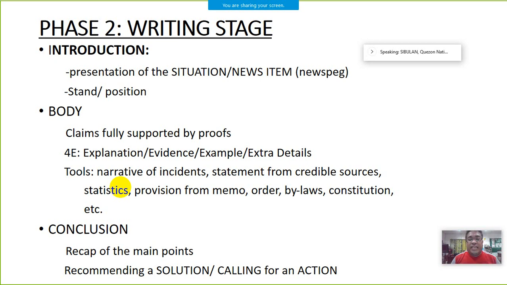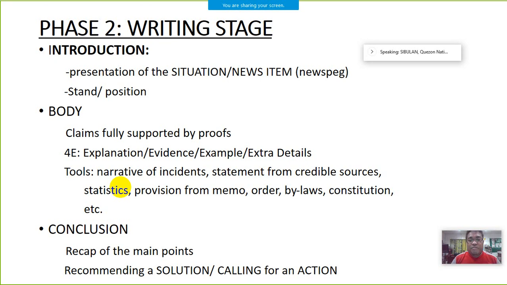Now, how can we deliver the body of editorials? There are tools that we can use. We can make use of a narrative of incidents. We can also make use of a statement from credible sources, specifically from those people in the government, those leaders in the government agencies.